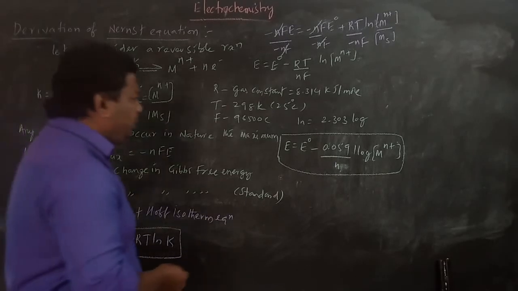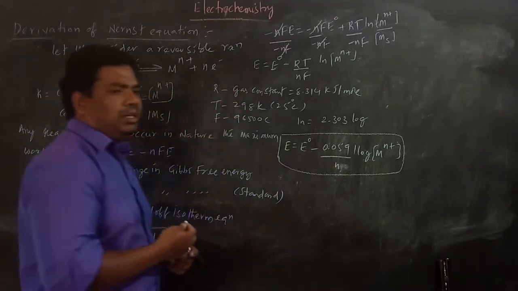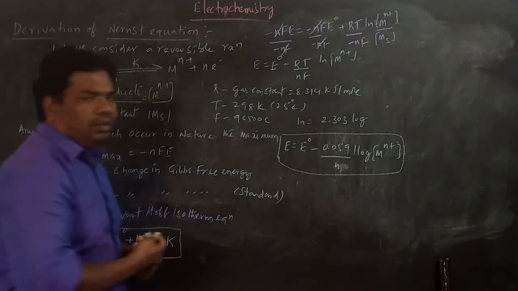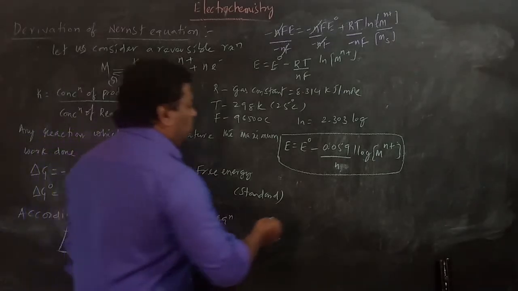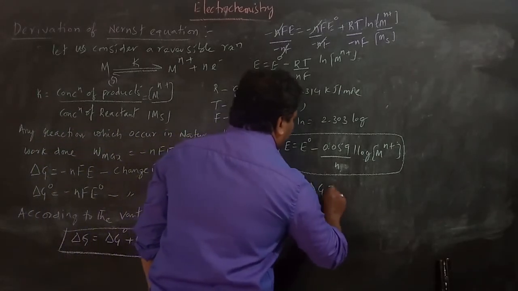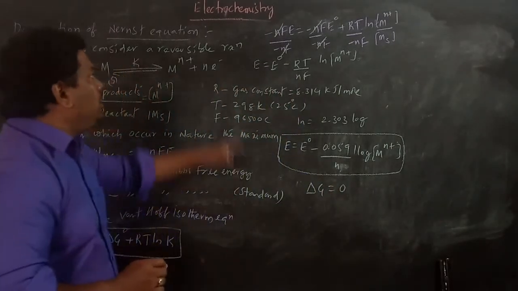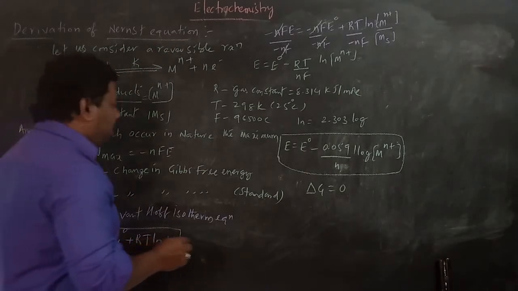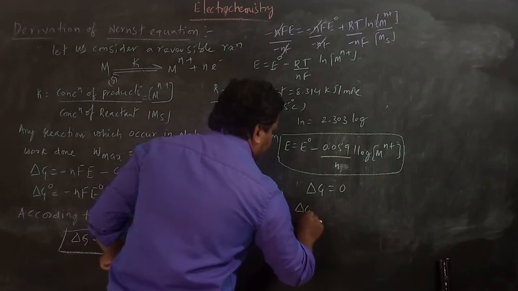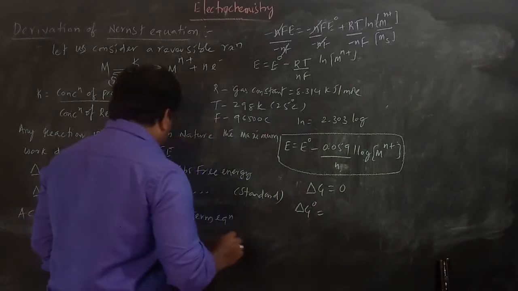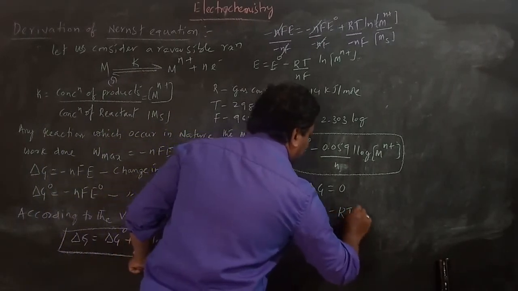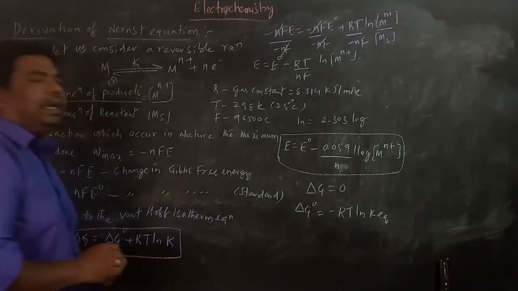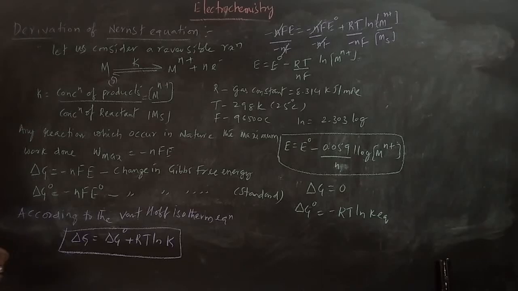If the reaction is in equilibrium condition, what will happen? Delta G is equal to 0. So the Van 't Hoff isotherm equation becomes delta G naught is equal to minus RT ln K equilibrium.